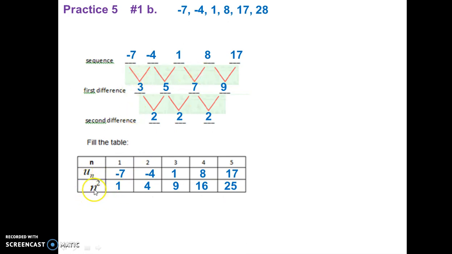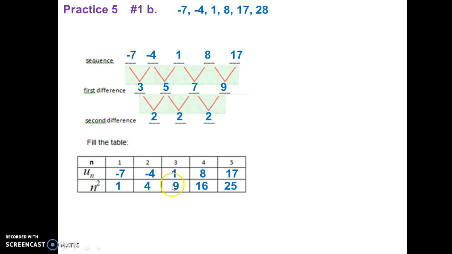There's more going on here. So we take a look now. We compare n squared to what our sequence actually is, and we see what's going on. To make a 1 into a -7, n squared gives us 1, and then we have to subtract 8 to get there. How about this one? We have n squared, which is 4, and to make it a -4, we go from here to here and go -8.